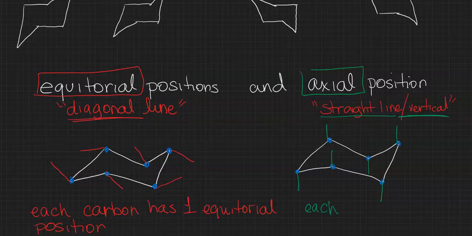And each carbon has one axial position, which is signified by our green lines. So when we draw a chair conformation, we should be able to identify a position as either being equatorial or as being axial.